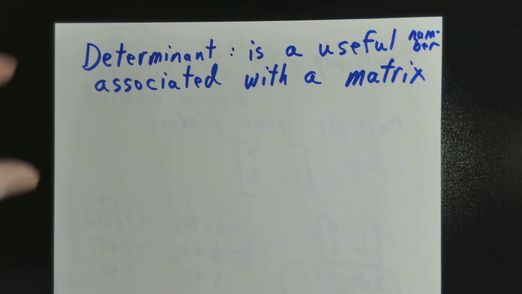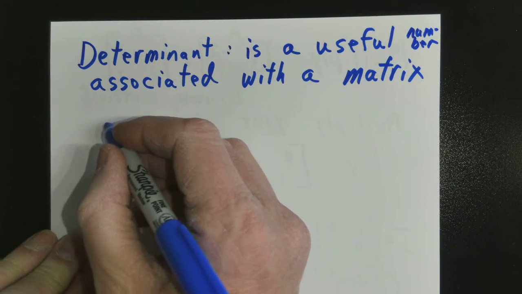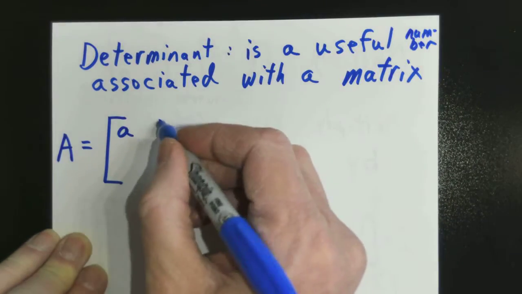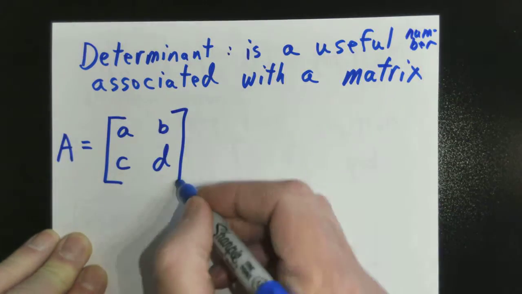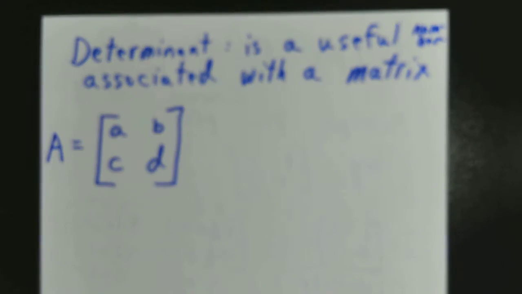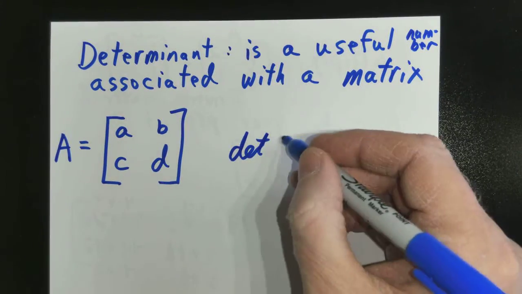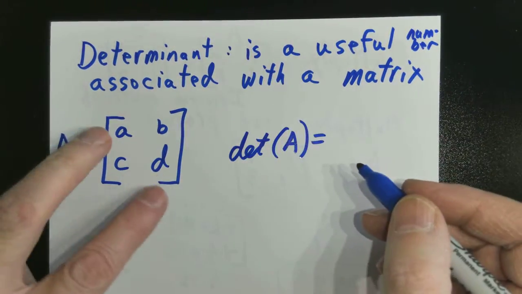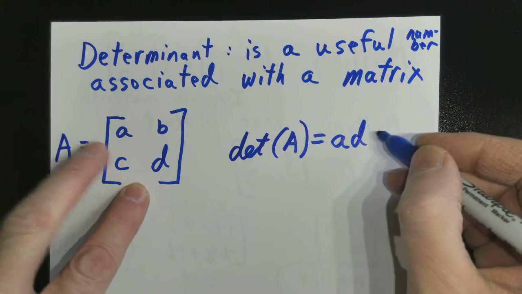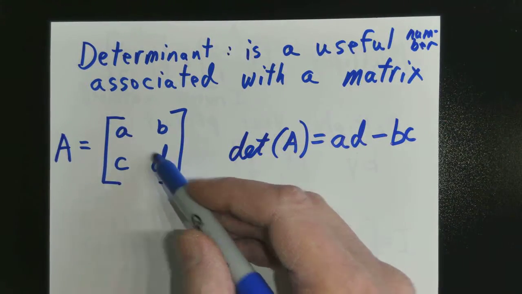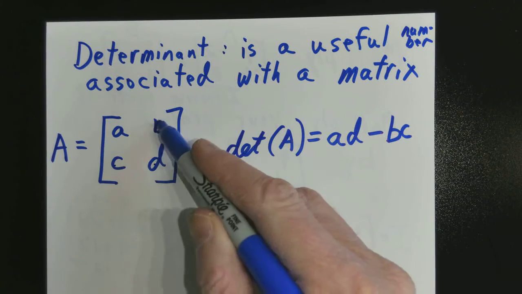So, let's start out with this matrix, I'm going to call it A, and it's my general matrix, and I've got variables here for each entry, A, B, C, D. If I have that matrix, the determinant of A is equal to A times D minus B times C. So you multiply the diagonals.